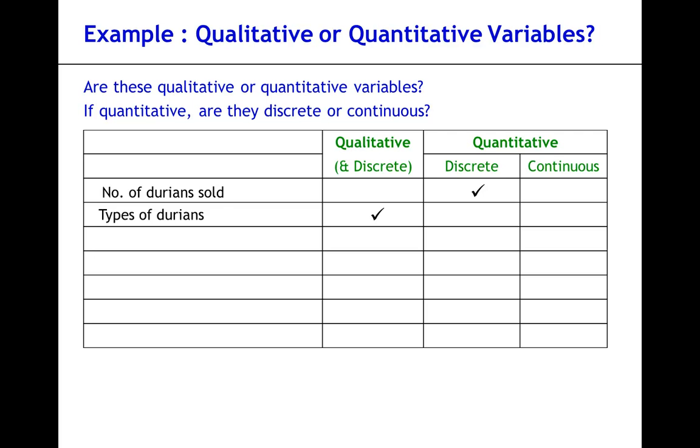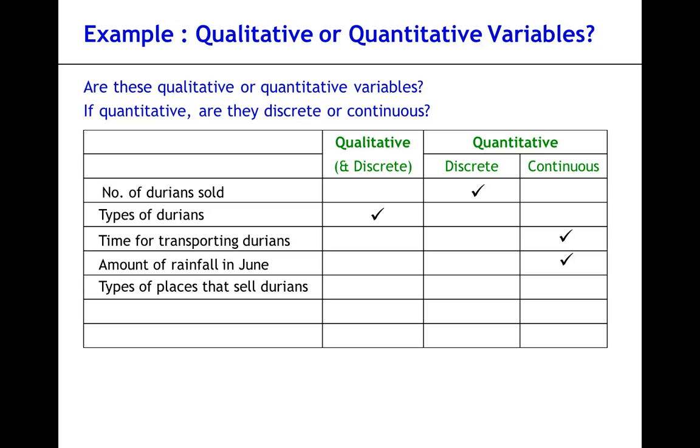The time for transporting durians can be measured and could be any duration with no gaps in between, so that's continuous. The amount of rainfall can be measured and could be any volume with no gaps in between, so that's continuous.